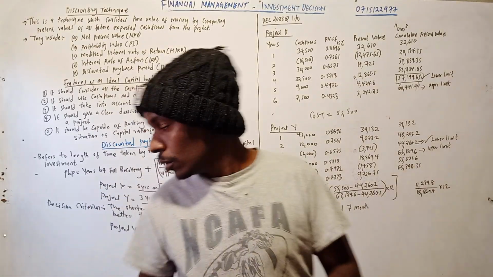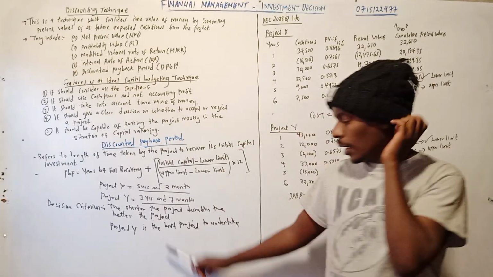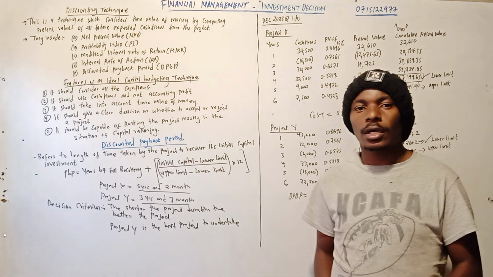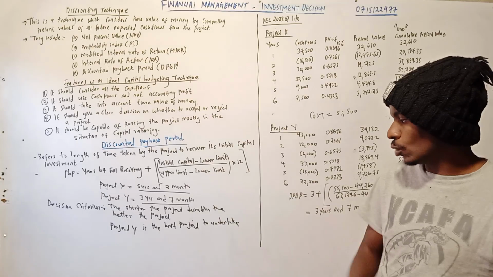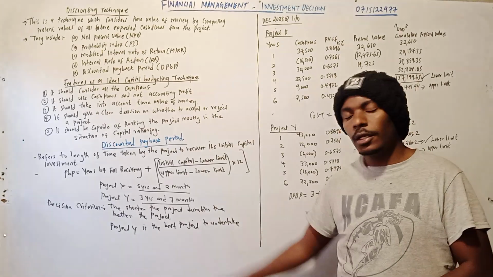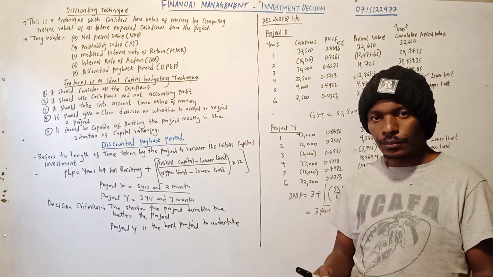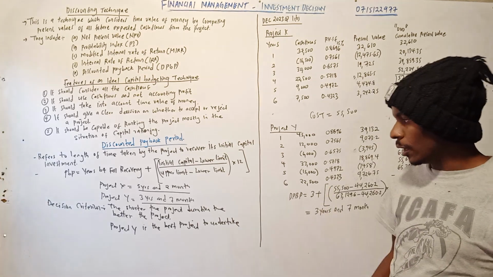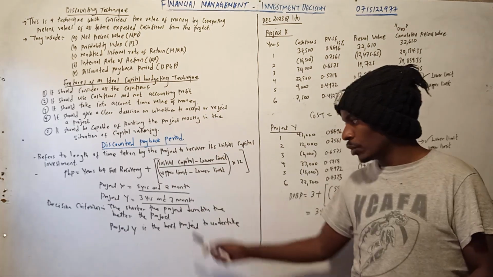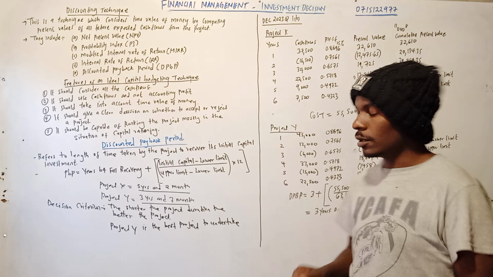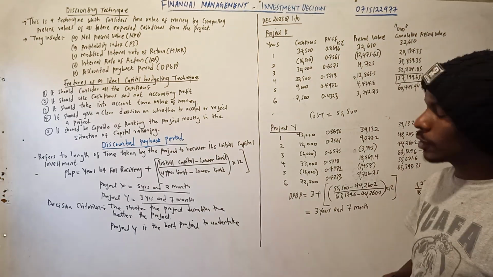So that's the decision criteria. So undertake project Y because the period of recovery of the cost is shorter as compared to project X. So project Y in 3 years, 7 months, the other one is 5 years, 2 months. That is all about the discounted payback period.